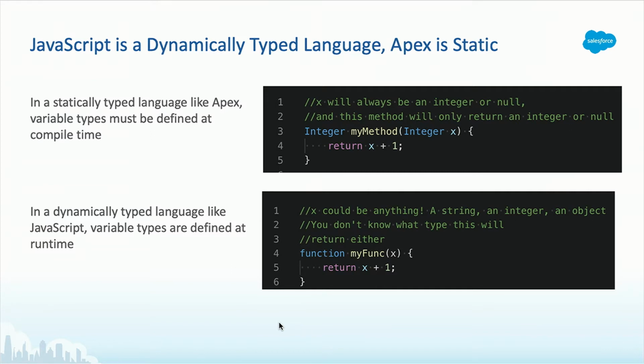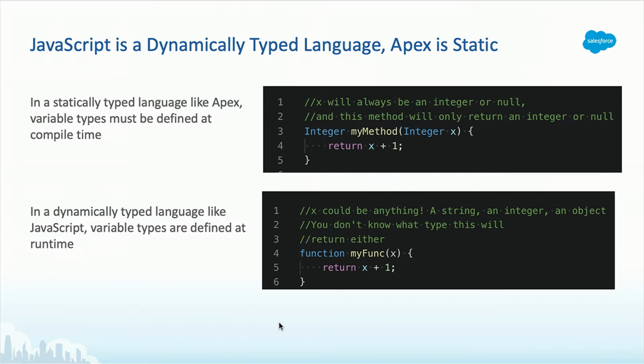In this first method here, on the top, you see that the parameter x can only be an integer, and the method can only return an integer. See, static typing provides a level of protection at compile time, as there is a stricter contract as to what your method will accept and what it will return. This leaves a lot less surprises because you know exactly what your method should do.